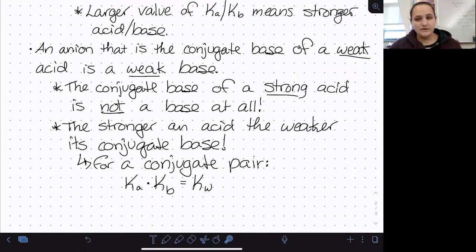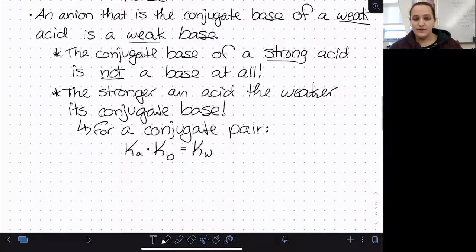So we can use this to help us predict relative strengths of things. Even if we have a bunch of weak acids, we can use their Ka values, which are easily looked up in a table, to figure out which is the strongest acid or the weakest acid. And even just knowing the Kas, we can figure out something about the strength of the conjugate bases as well.